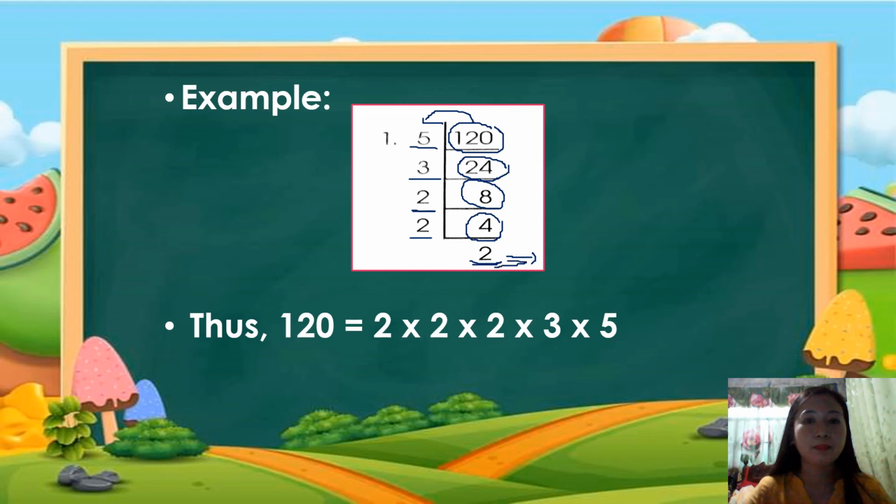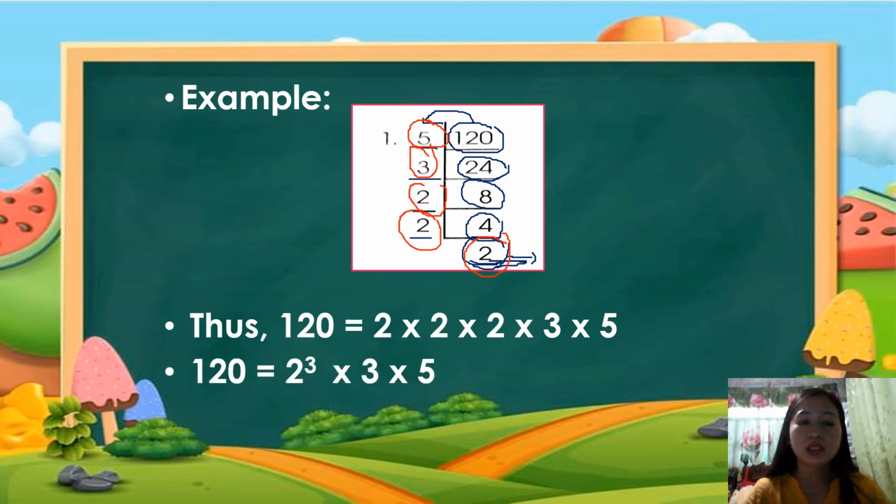Thus, the prime factors of 120 are 2 times 2 times 2 times 3 times 5. These are the prime factors, or the prime factorization, of 120.